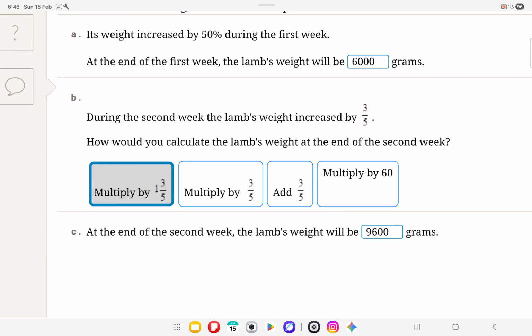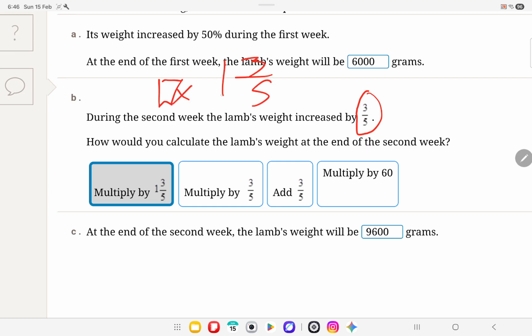How would you calculate the lamb's weight at the end of the second week? So first, if we multiply it by 3 over 5, it will become a smaller number. So we do 3 over 5 plus the whole. So we could just do the whole multiplied by 1, 3 over 5.